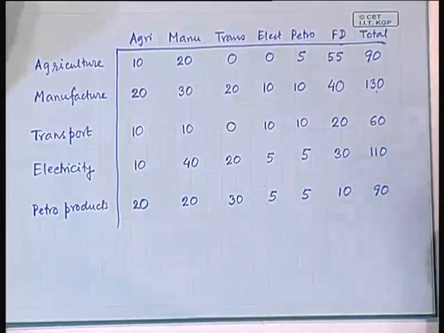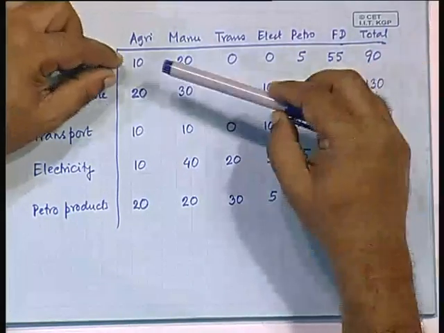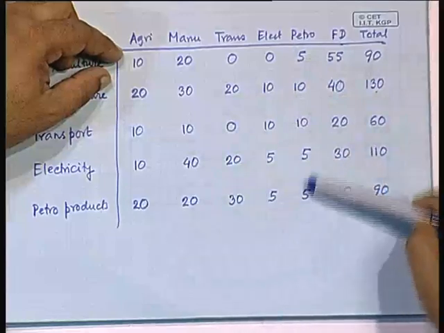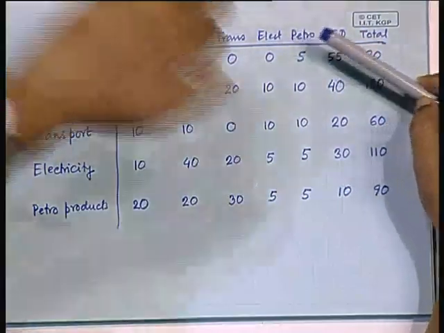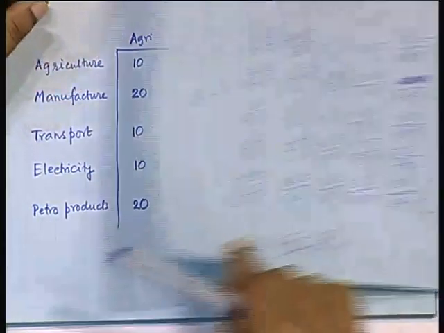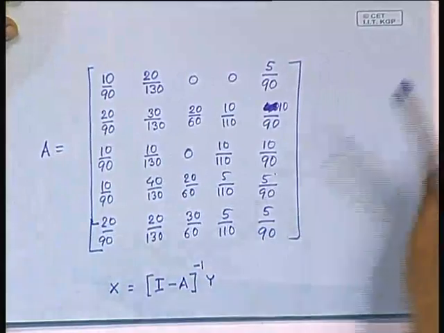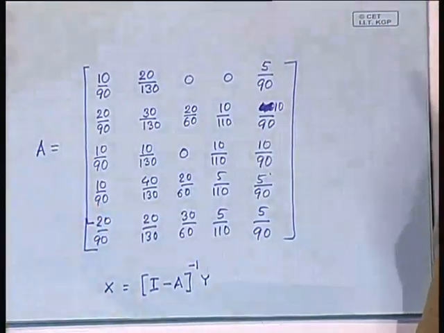So, we had also constructed the A matrix, which means we take these xij divided by xj, and that would give you the A matrix. So, that took the shape like this. We had probably done up to this point in the last class.